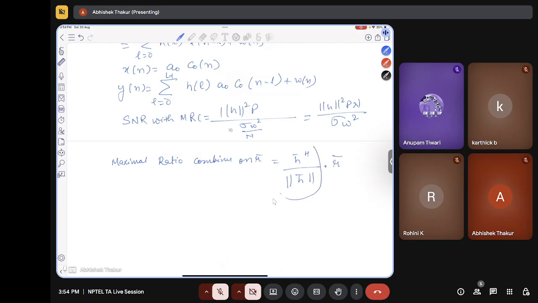This means this is a unit vector. So this is the rake receiver, applying the maximal ratio combiner on the vector is the rake receiver in CDMA. And this is the SNR with the MRC.